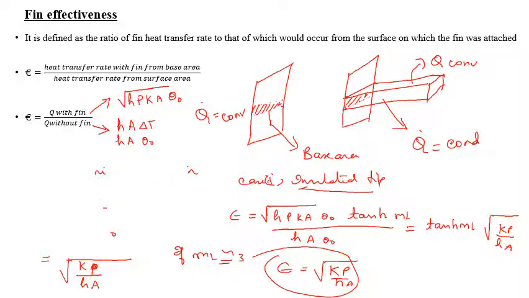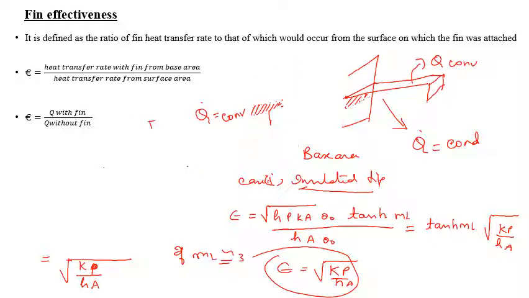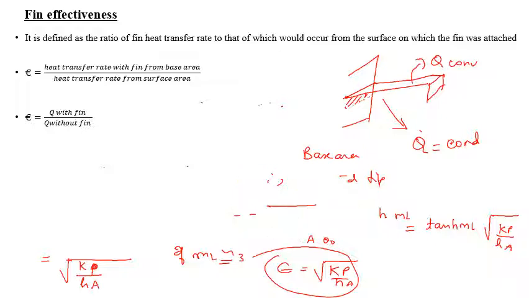So what are the factors that influence it? They are thermal conductivity k, and perimeter P. What is the perimeter? In this case, this area which I am darkening is the perimeter.